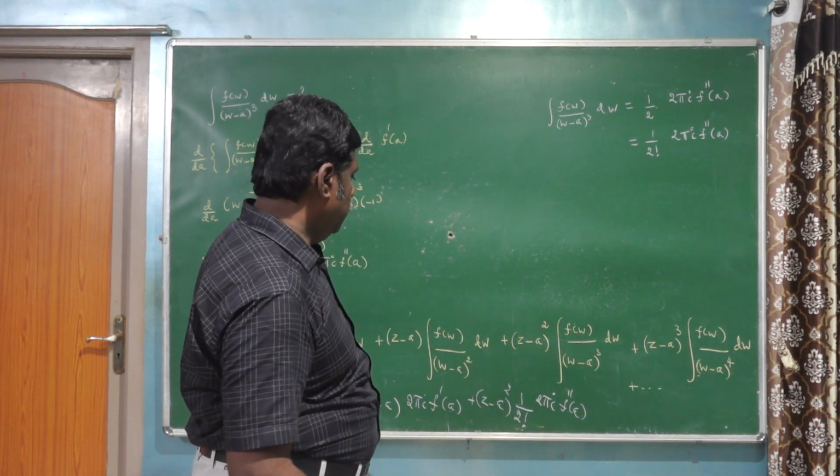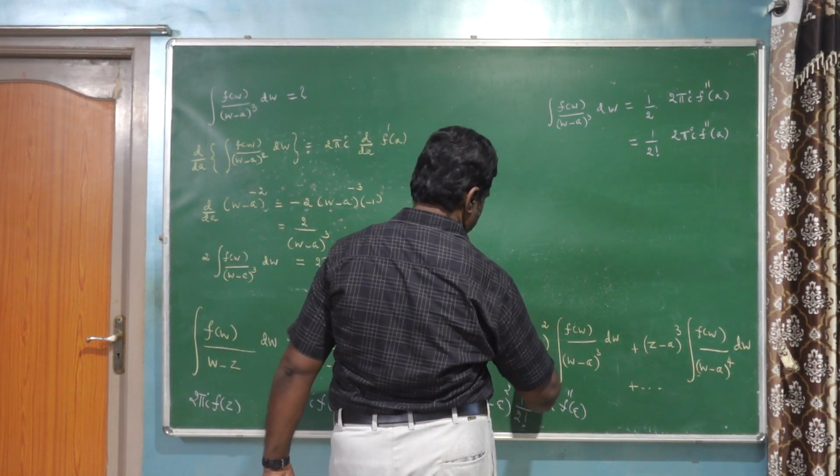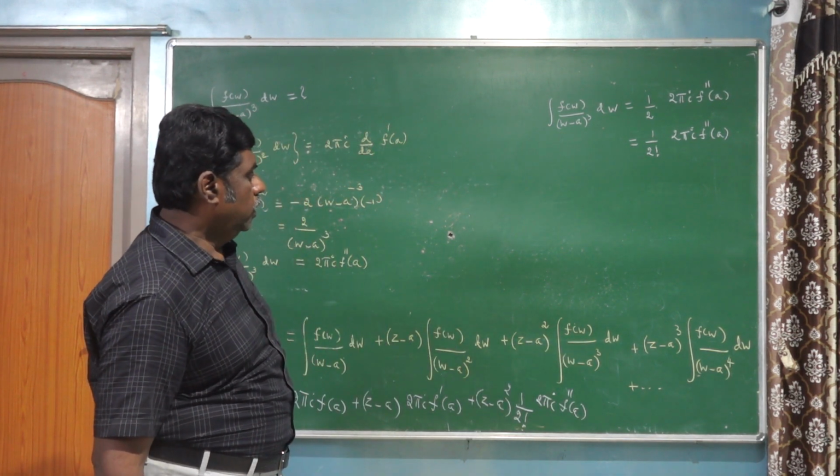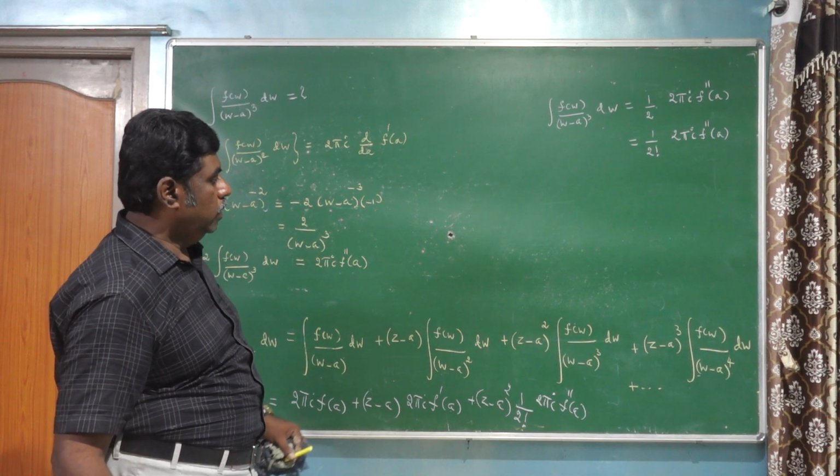This is the value of the term (z minus a) whole square times the integral of f of w divided by (w minus a) whole cube into dw.